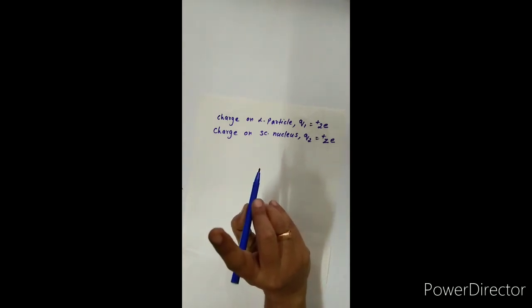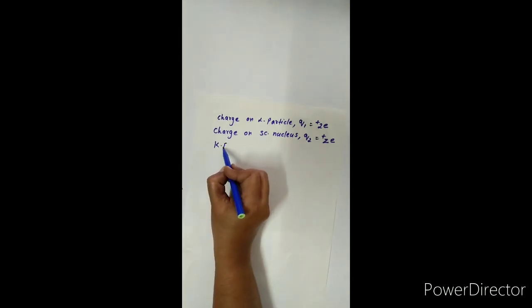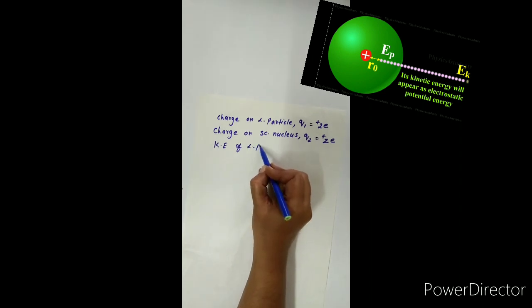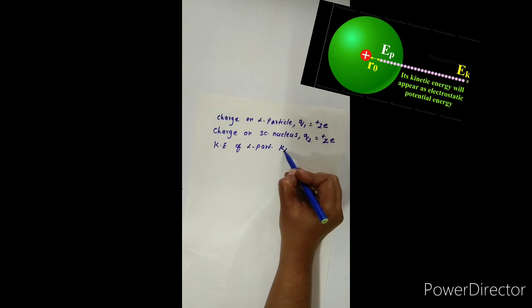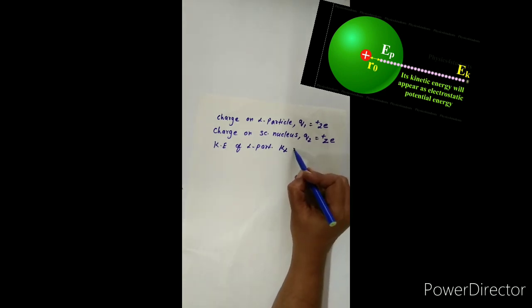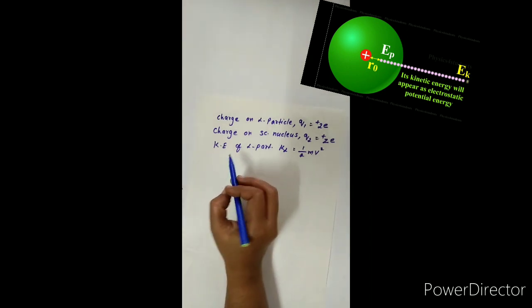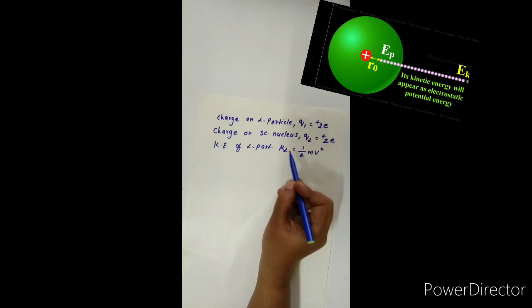From this figure, the kinetic energy of the alpha particle, denoted K alpha, is equal to half mv squared. This kinetic energy of the alpha particle is converted into electrostatic potential energy.